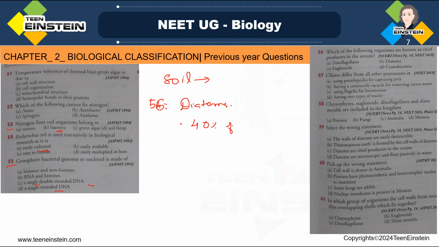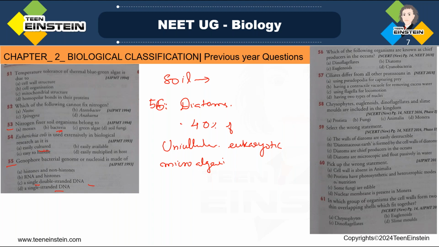around 40% of marine primary productivity, and they constitute a major group of unicellular eukaryotic microalgae, right?